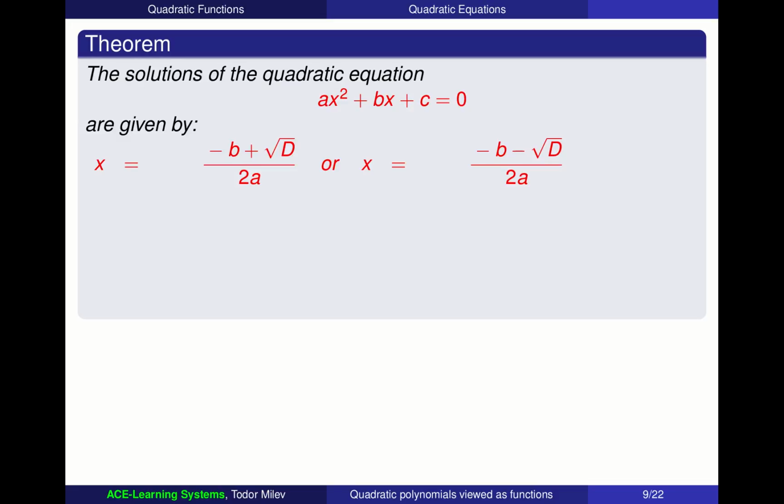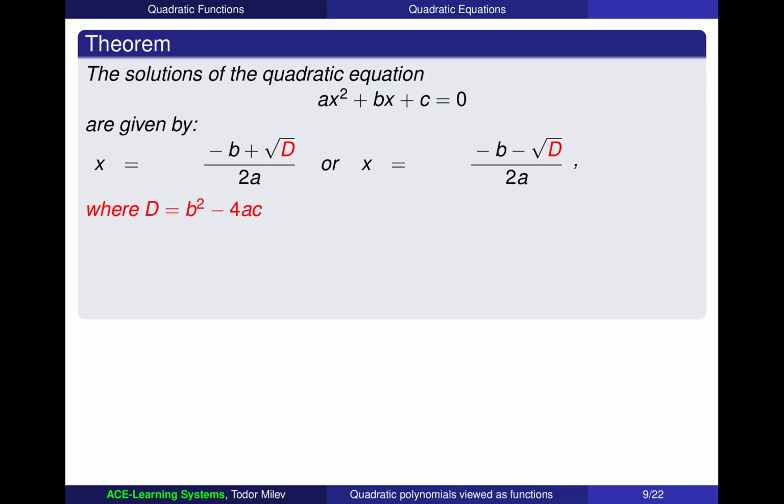There we go. So I have my general quadratic equation, ax squared plus bx plus c equals 0. And its solutions were given by x equals minus b plus radical of d over 2a, or x equals minus b minus radical of d over 2a. Just a reminder that magical d was b squared minus 4ac.